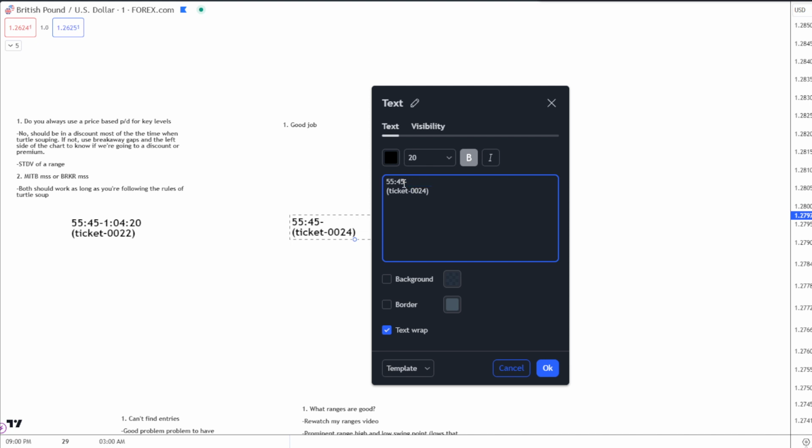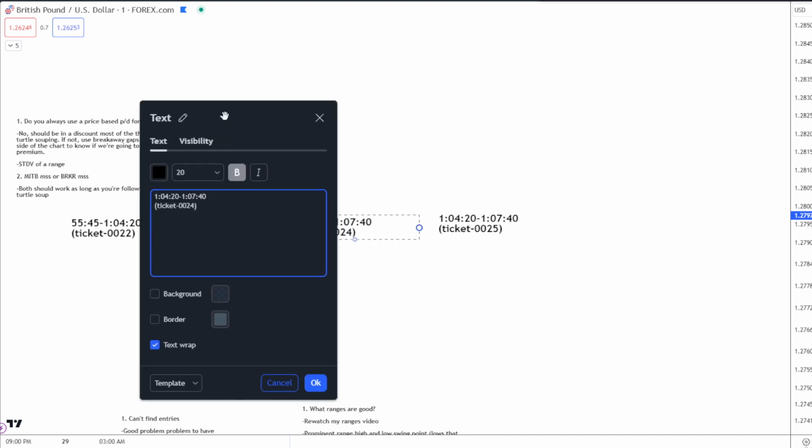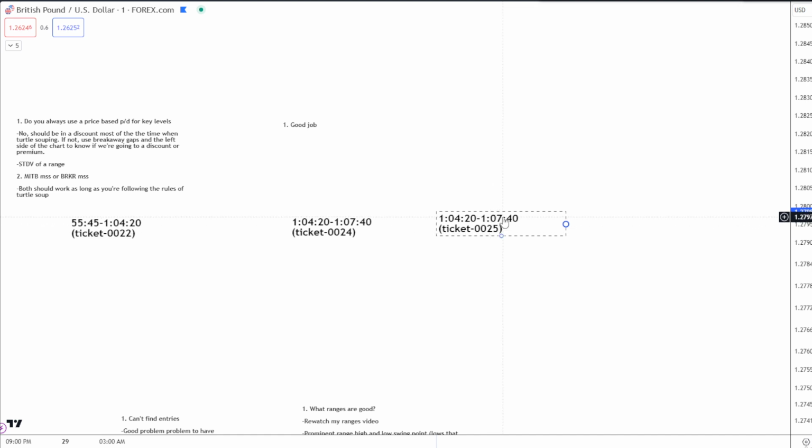It should be from here to 107.40, and then 107.40, and so on. Ticket 25.